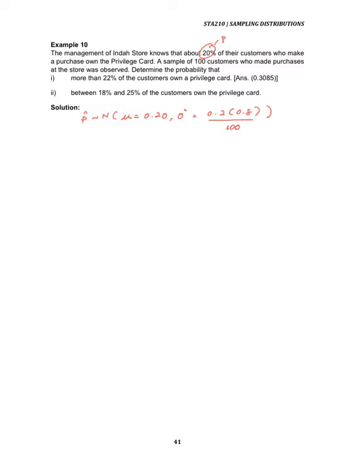So soalan yang pertama dia nak probability of p hat more than 22. So kita convert dia kepada percentage lah. Not percentage, number 0.22. Okay, now kita akan applykan standardized variable tu. P hat dia akan jadi Z greater than 0.22 minus 0.2 over square root of 0.2 times 0.8 over 100.